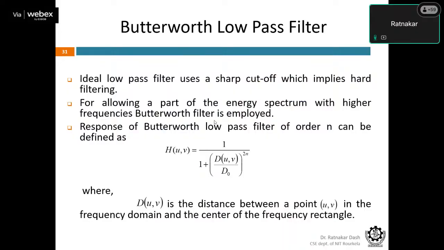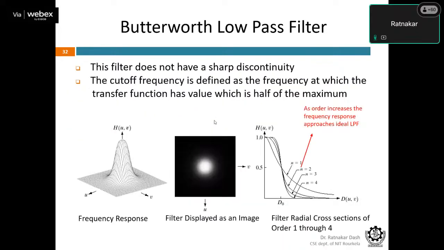You can see here the corresponding frequency response, where 2n is the order of the filter. So n in the power 2n shows the order of the filter, D0 is the cutoff, and D(u,v) is the distance between the point (u,v) and the center of the frequency rectangle. You can see the corresponding image version of the filter doesn't have a sharp discontinuity.